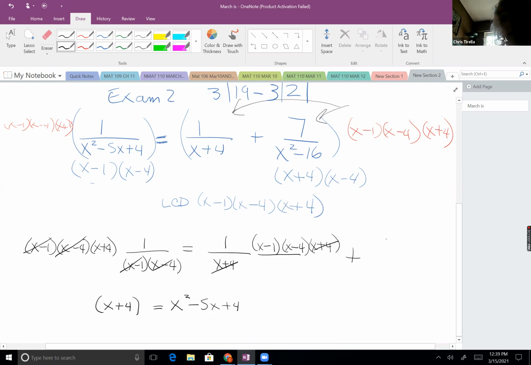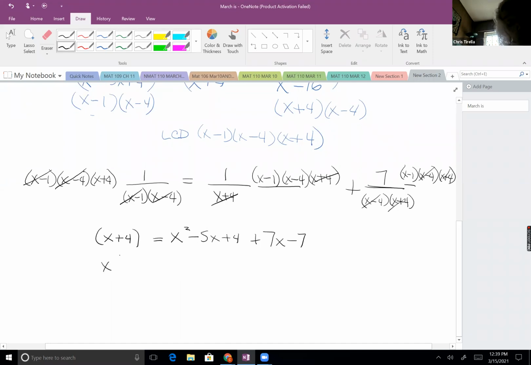And then we'd also have 7 over, well, that factored into x minus 4, x plus 4, times that common denominator. The x minus 4, x plus 4 would cancel. So I'd be left with 7 times x minus 1, or 7x minus 7.